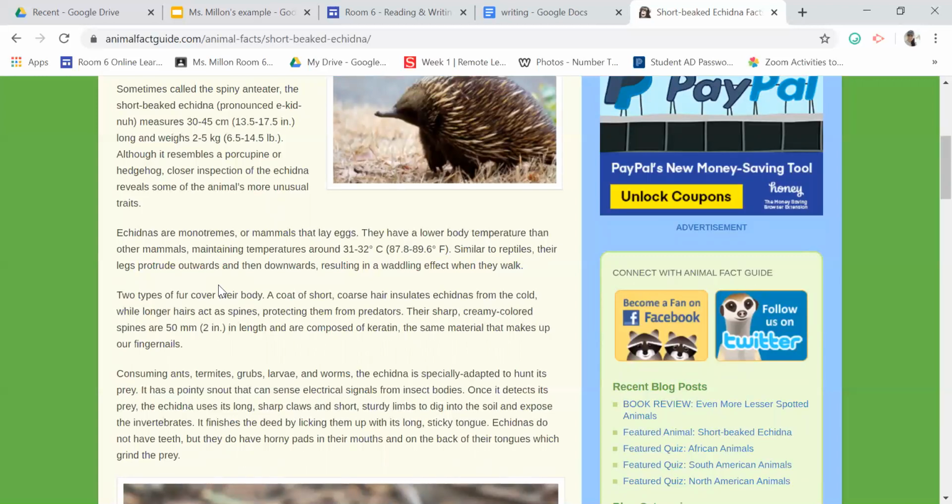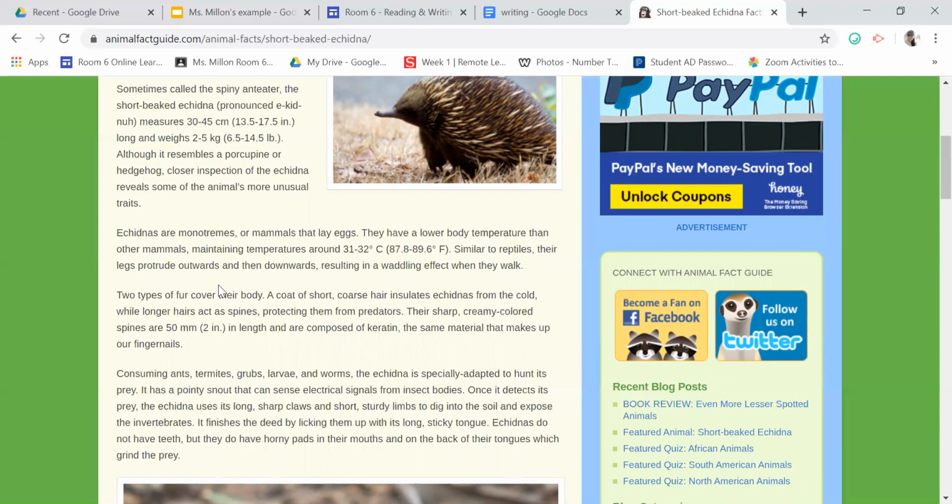So in this section, I'm going to stop and think, what did I just learn? Well, I learned that they are mammals that lay eggs, so that's an unusual fact. They have a lower body temperature than other mammals, and I'm wondering why that is. The author doesn't really tell us why, and that they're similar to reptiles because of the way their body looks.